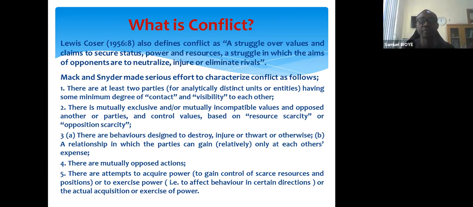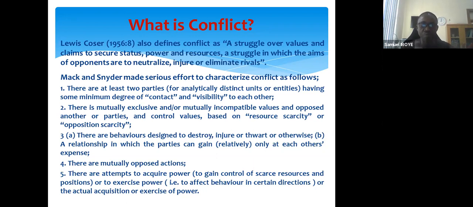Mark and Cinder, in their own definition, gave a variety of what can constitute conflict. And he gave us the characteristics of conflict. Number one, that there must be at least two parties. Two, that there must be a mutual incompatibility among them. Number three, they are acting in a way to destroy or to injure each other.